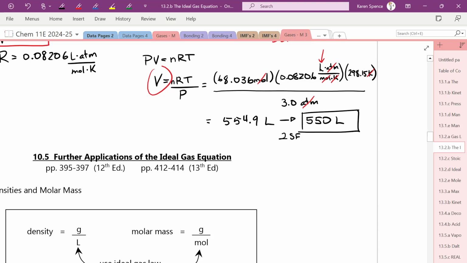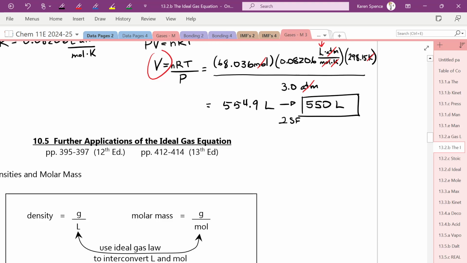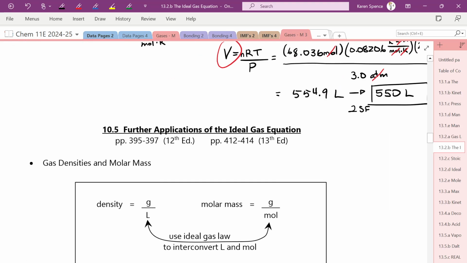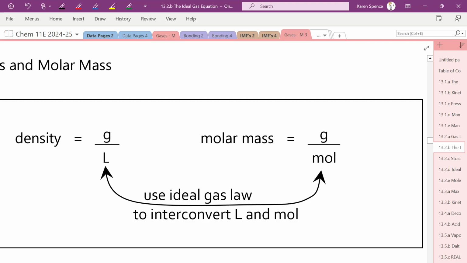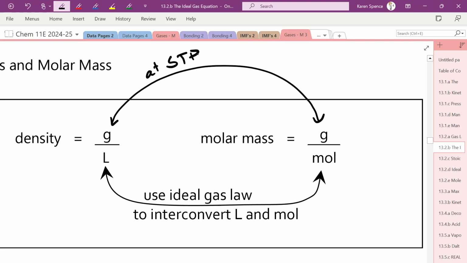Now, we also have density. We're not going to get to stoichiometry with this because we have to do gas densities and molar mass. Do you remember how we used to go from density to molar mass and back and forth when we were just at STP. How did we do it at STP? What did we use?